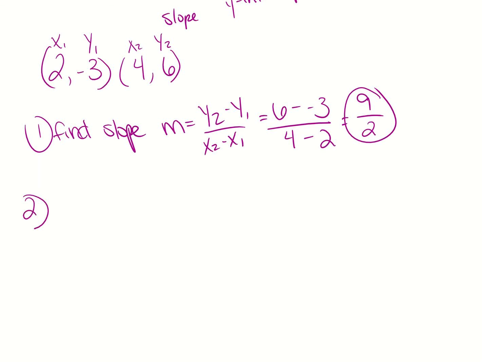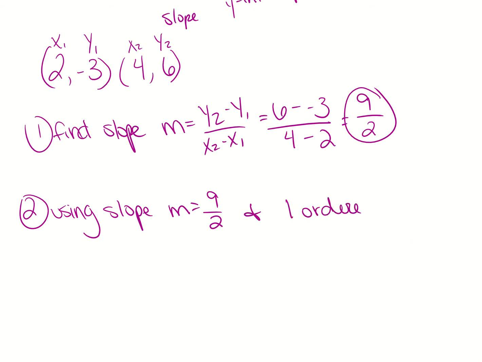So the second thing we do is using slope, which we just found is 9 over 2, we use an ordered pair that we started with. So I'm going to use one ordered pair. We're going to use (2, -3).